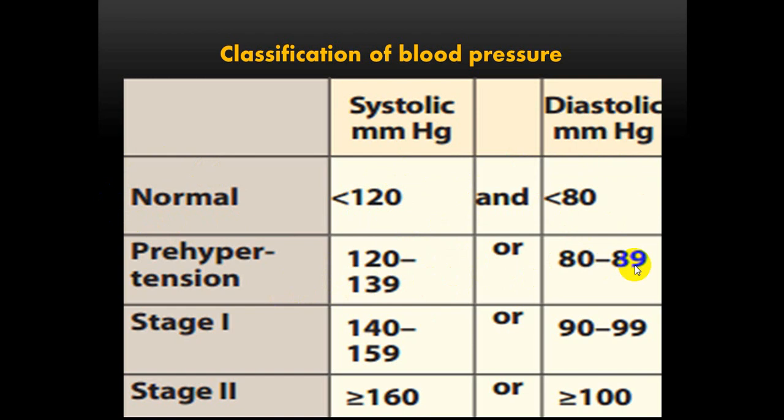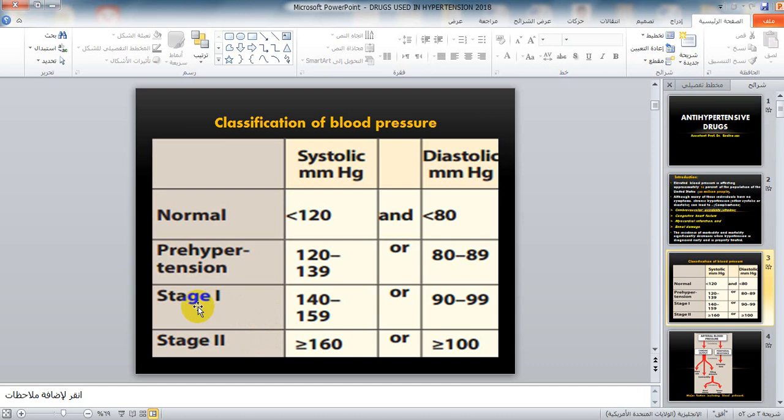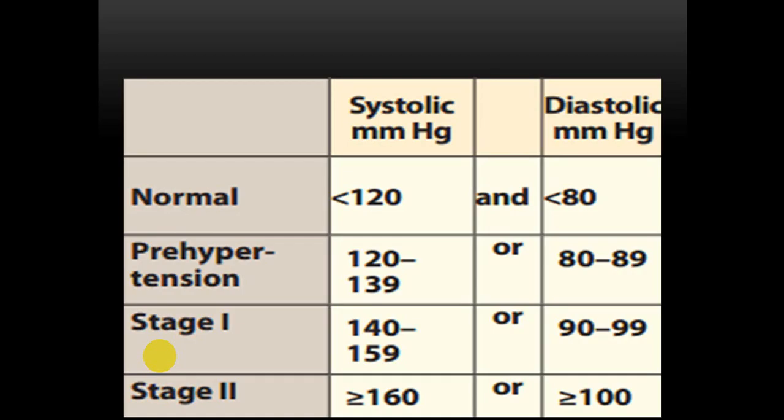to 89. Stage 1 hypertension is when the systolic blood pressure is between 140 to 159 or when the diastolic is between 90 to 93.